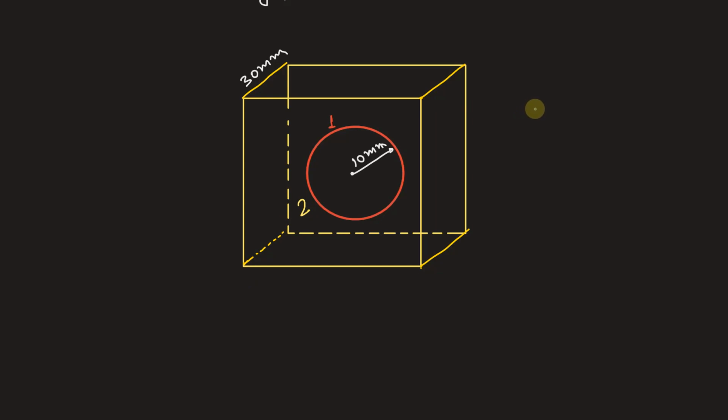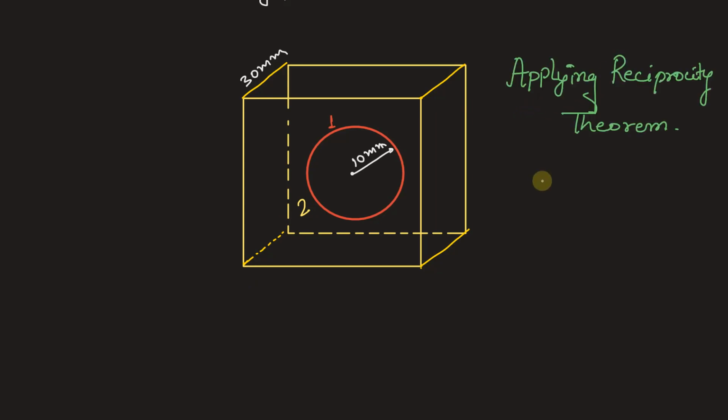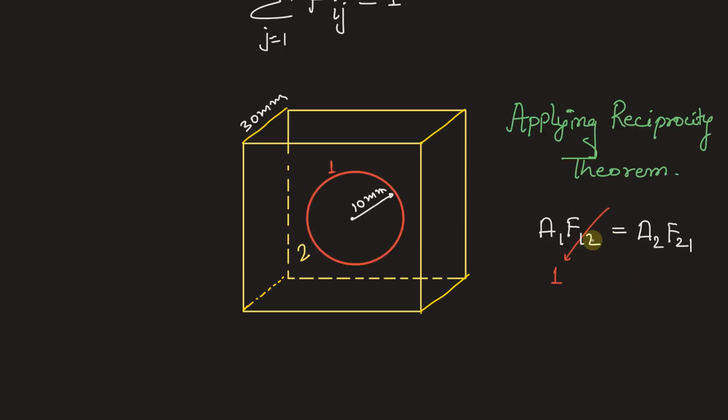If we apply the reciprocity theorem here, A1 into F12, that is radiation from 1 to 2, is equal to A2 F21, that is the shape factor from 2 to 1. Now from the property of shape factor or view factor, we can say F12 is 1. Now from here we can write F21 is equal to A1 by A2.